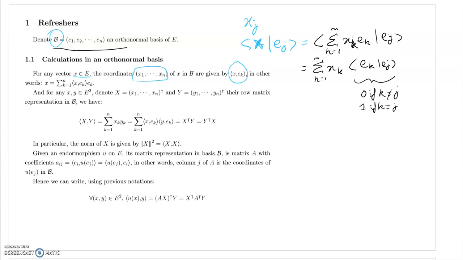And we have a very nice notation for this, and maybe you've already seen that in some other class. This is the delta of k and j, and that is the Kronecker symbol.